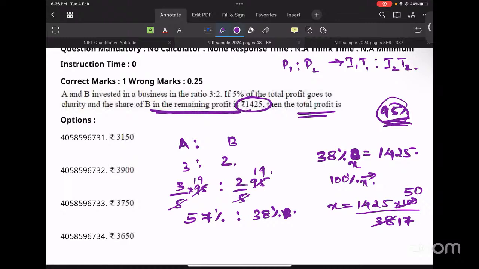The share of B in the remaining is given like 1425. So that is equal to 38% only, 1425.